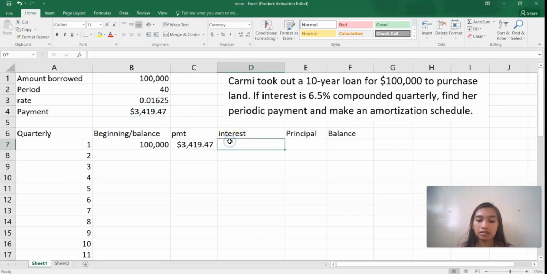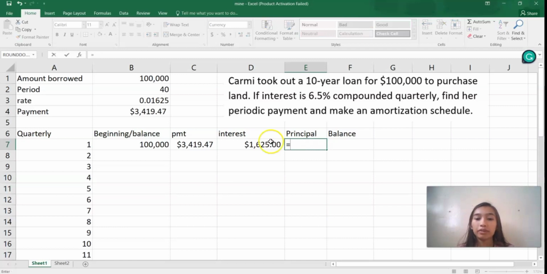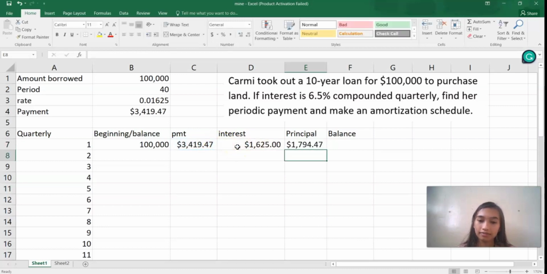Now the interest, to get the interest, we have to multiply our beginning balance by our rate. And here you go. And our principal, to get the principal, we just have to subtract the interest from the payment. So payment subtract interest. And here you go.